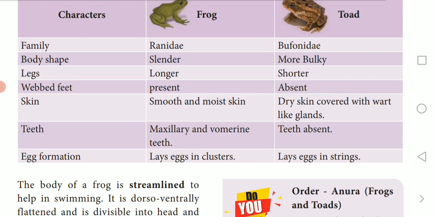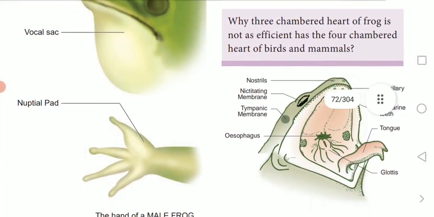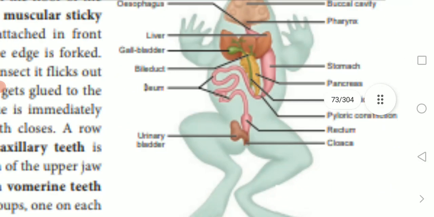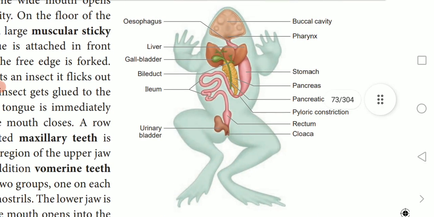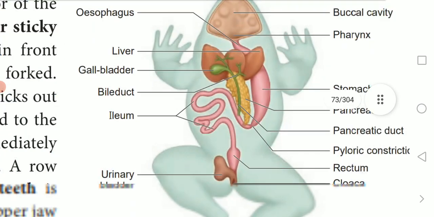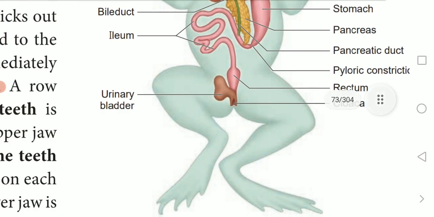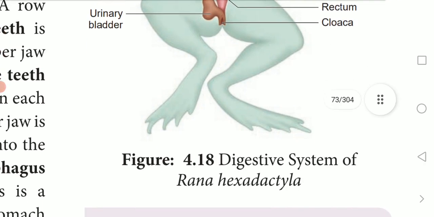the anatomy, the digestive system of frog. So these are the parts of the anatomy. I'll tell you the parts which are present here: buccal cavity, esophagus, pharynx, liver, gallbladder, bile duct, ileum, stomach, pancreas, pancreatic duct, pyloric constriction, rectum, cloaca, urinary bladder.